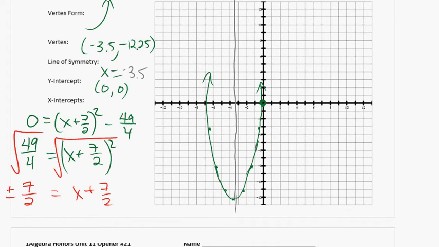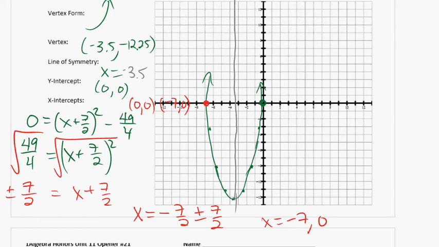Subtract 7 halves from both sides. This looks kind of weird because these are the same numbers. It won't always turn out to be this, but it's minus 7 halves plus or minus 7 halves. So that translated is either x equals negative 7 or 0. So my x-intercepts are at 0, 0, which I already knew, or negative 7, 0, which is right there. So those are my x-intercepts.